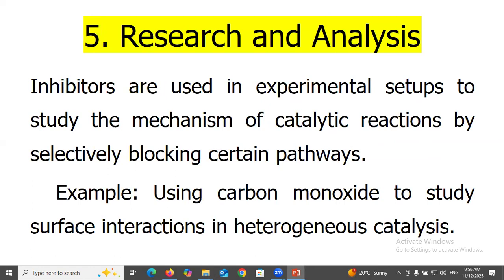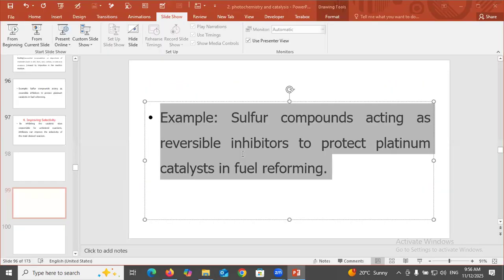Research and analysis: inhibitors are used in experimental setups to study the mechanism of catalytic reactions by selectively blocking certain pathways. For example, using carbon monoxide to study surface interaction in heterogeneous catalysis.